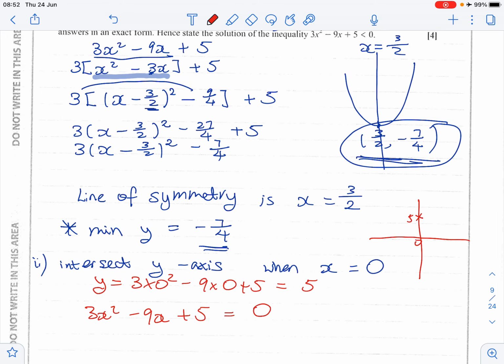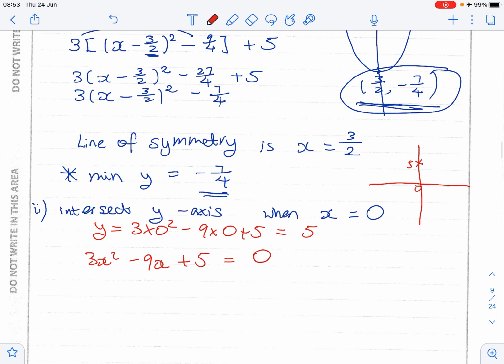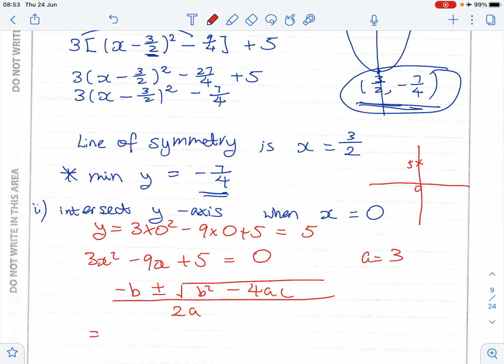That's when it cuts through the x-axis. And I'm going to do this using my quadratic formula, which is minus b plus or minus the square root of b squared minus 4ac, over 2a. So my a is equal to 3, my b is equal to minus 9, and my c is equal to 5.